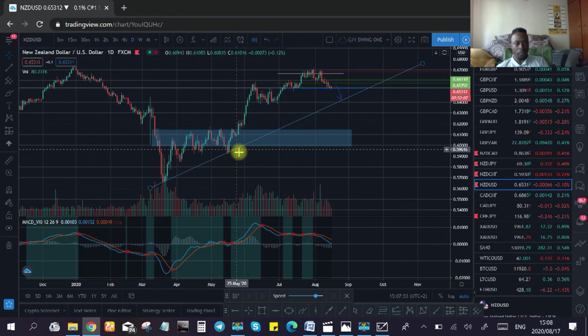But if you look at the speed from this break here, you can see that it was pushing, and that gives you a better idea of how far the market will go, how much trend it will take, how much ride it will take.